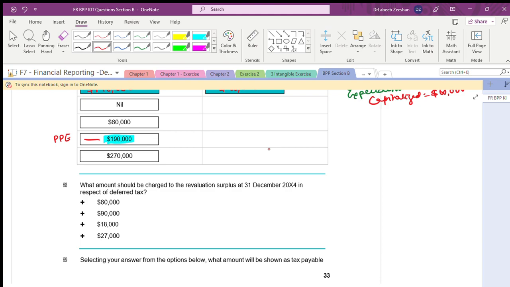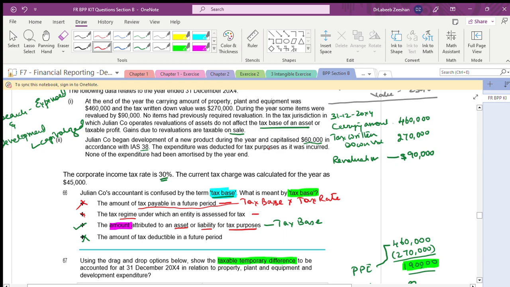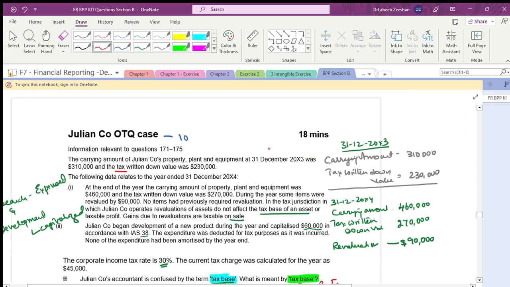Okay. Now, what amount should be charged to the revaluation surplus at 31st December 2004 in respect to deferred tax? Now, how much is the revaluation surplus?